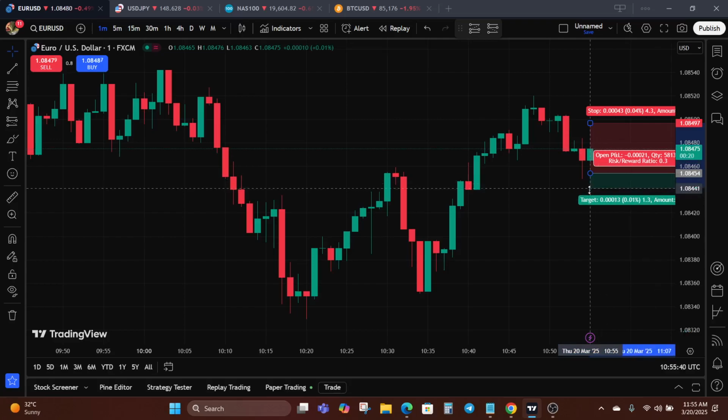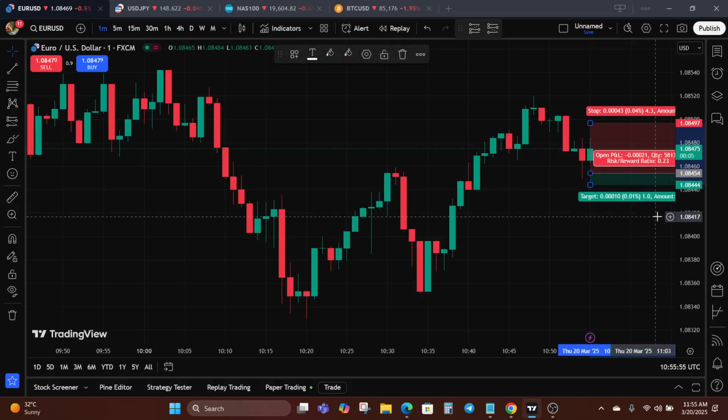So one thing for you to know is that 10 points make a pip. So if you want one pip, then it's going to be moving from 1.08454 to 444. Okay, so when it moves to 444, you have a difference of 1 pip. So that's why we say that it is the smallest price movement in a currency pair.